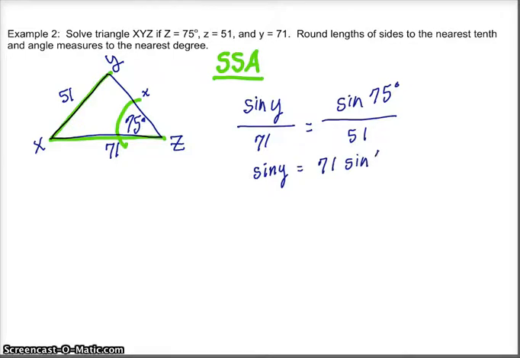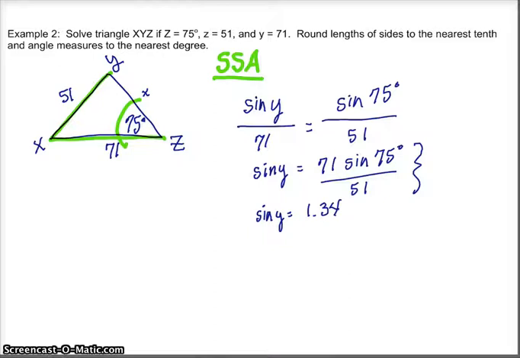I want you to take your calculator and find the value of 71 times the sine of 75 degrees divided by 51. So pause the screencast and find that value, please. You should have calculated that 71 times the sine of 75 degrees divided by 51 is equivalent to 1.34.